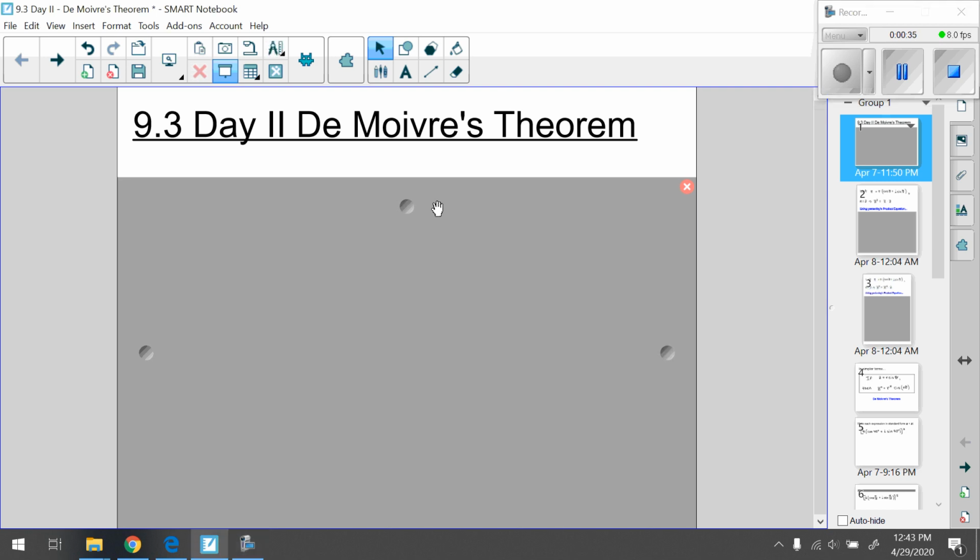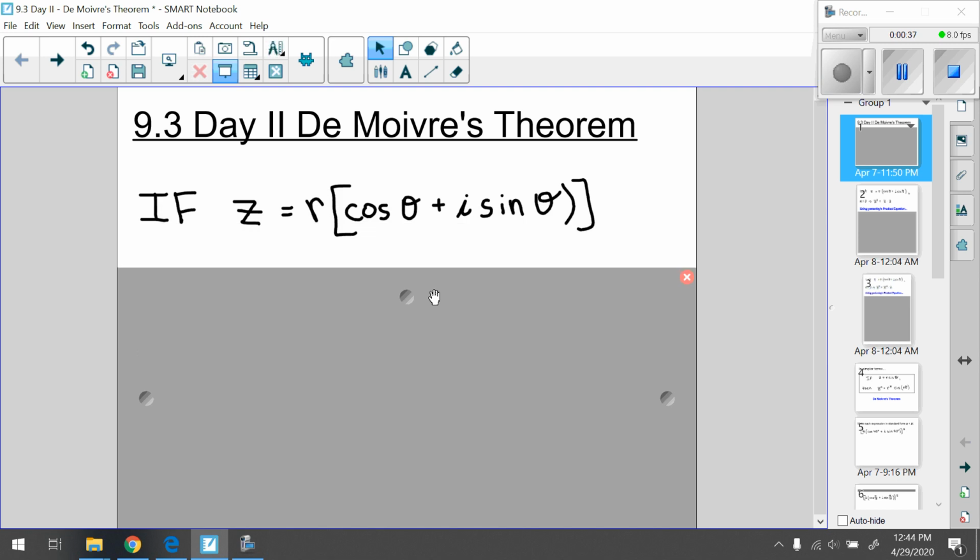And so what de Moivre's theorem says is that if we have a complex number in the form r times cosine theta plus i sine theta, or you might remember from the last lesson, we would often shorten this as r cis theta.